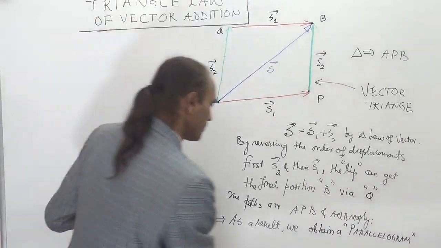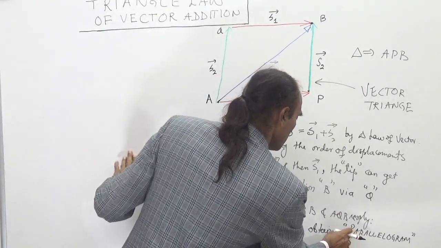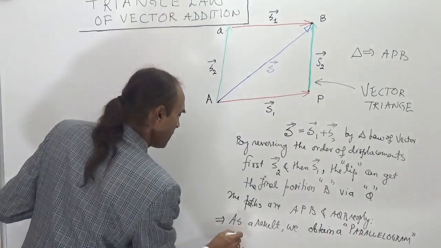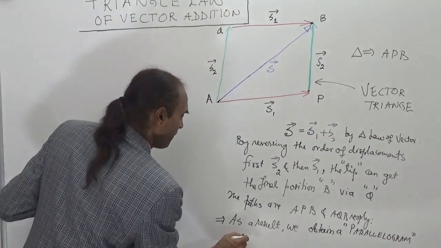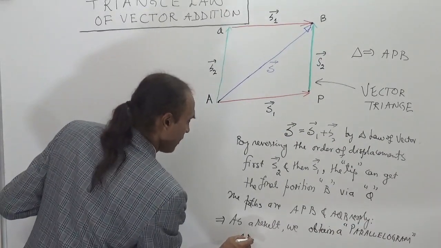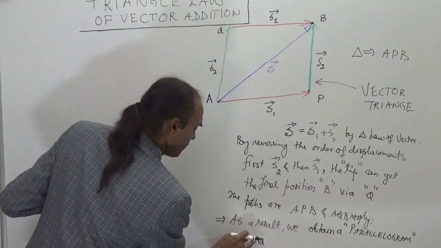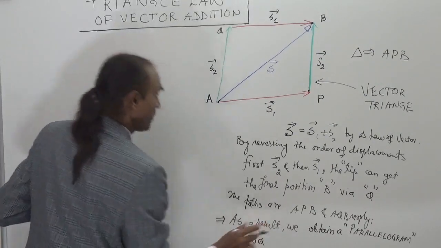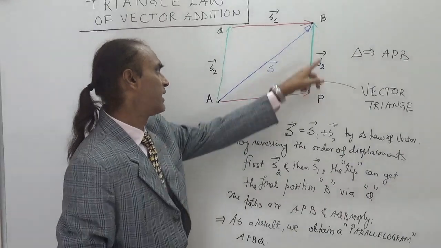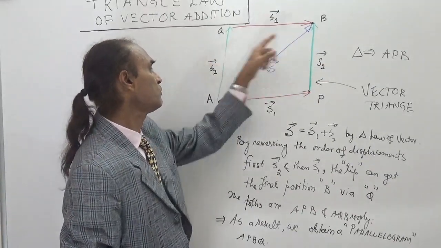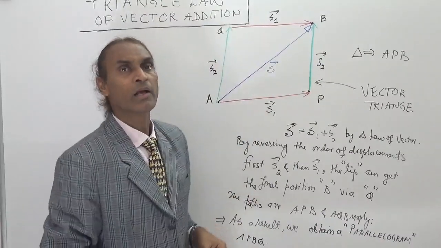Parallelogram A, P, B, Q. These vectors S1 and S2 in this way and S2 and S1 in this way, we will get a parallelogram.